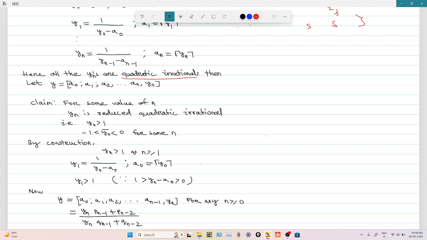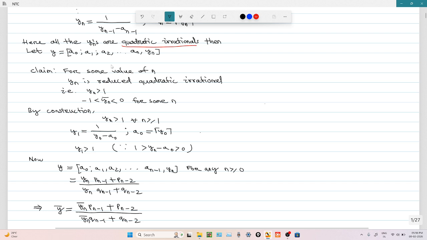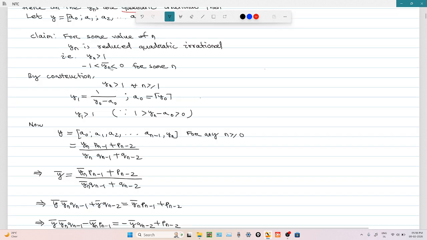So we have to prove that yn is greater than 1, and second, that minus 1 is less than or equal to the conjugate of yn, which is less than 0, for some n. These two properties we have to prove, then we can say this is a reduced quadratic irrational.